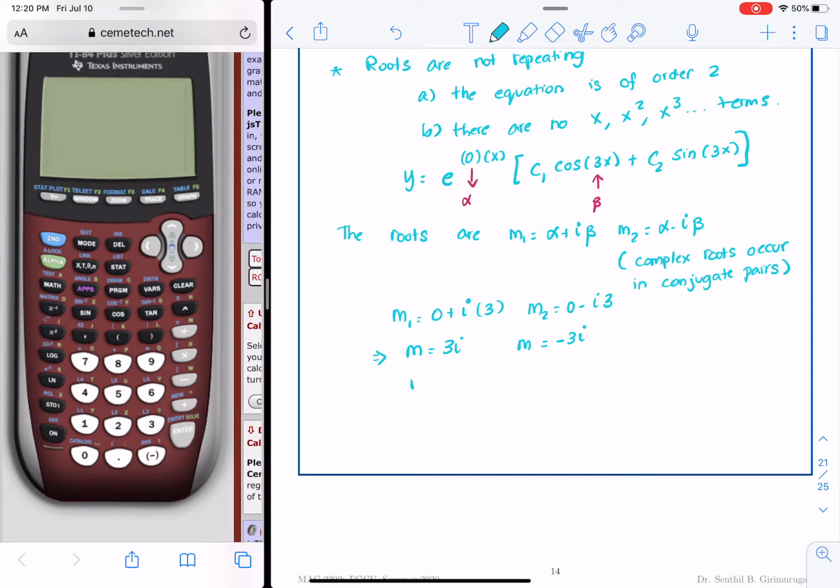Move the terms to the other side. We have m minus 3i equals 0, m plus 3i equals 0 are the two factors.